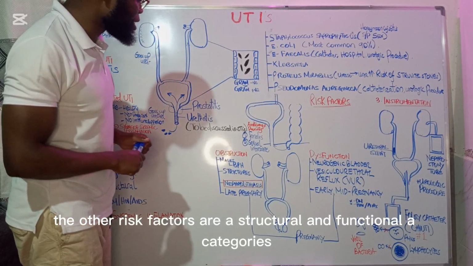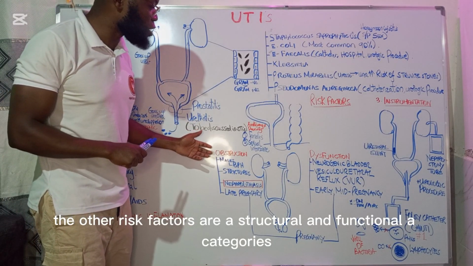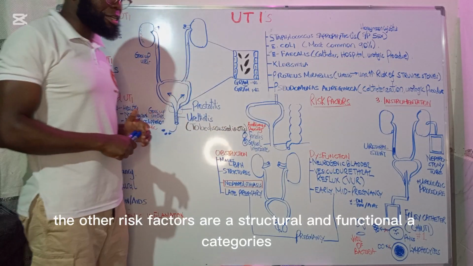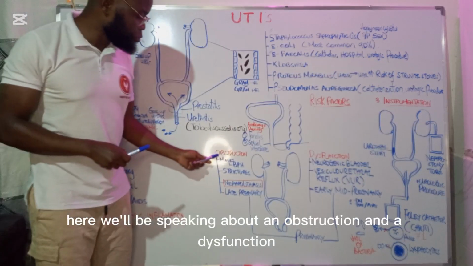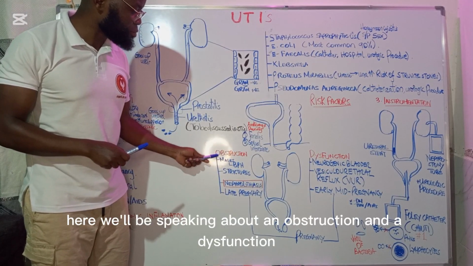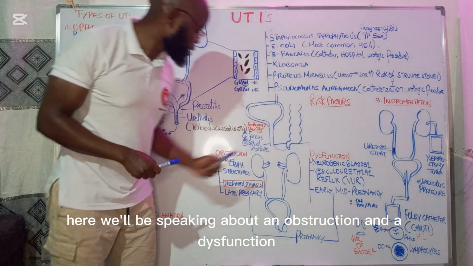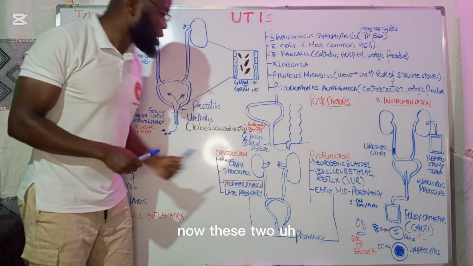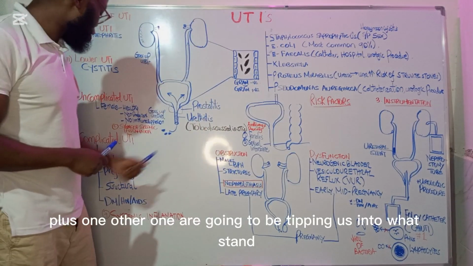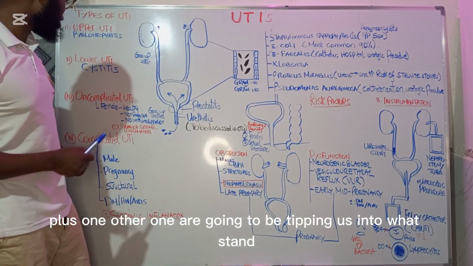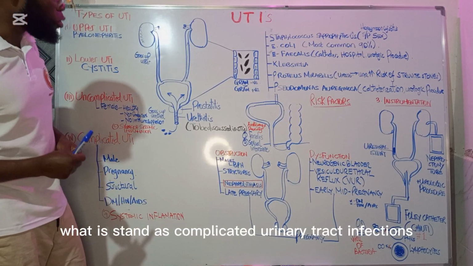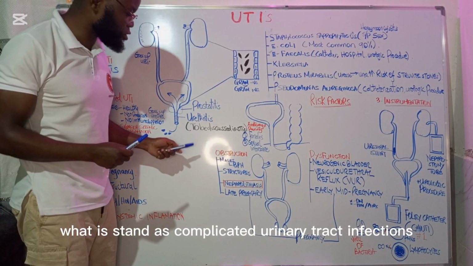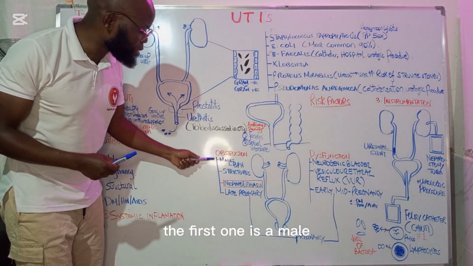The other risk factors are structural and functional categories. Here, we'll be speaking about an obstruction and a dysfunction. Now, these two plus one other one are going to be tipping us into what is termed as complicated urinary tract infections. The first one is a male.